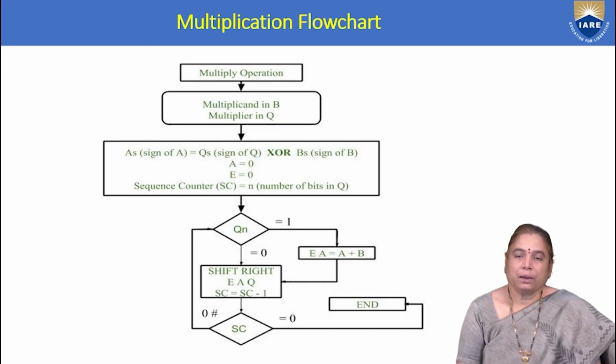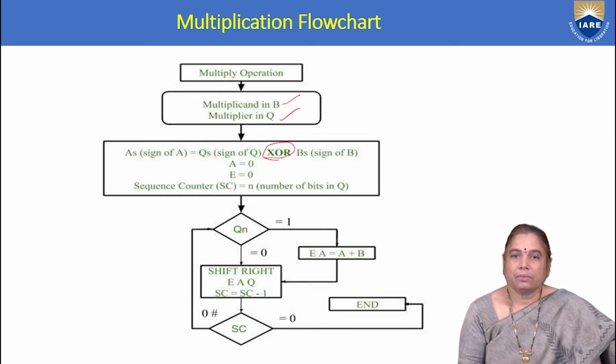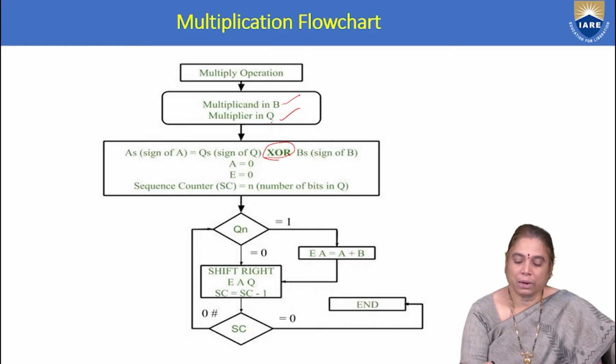In the normal multiplication algorithm, the multiplicand is stored in the B register and the multiplier is stored in the Q register. By using the XOR gate, we can check whether the signs of the two numbers involved in the multiplication are the same or different, with the help of the exclusive OR gate.